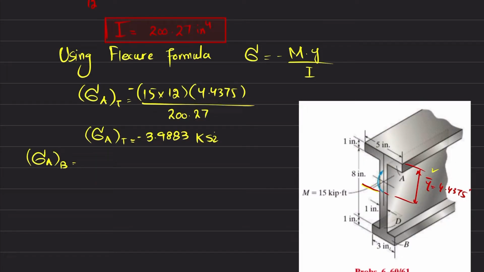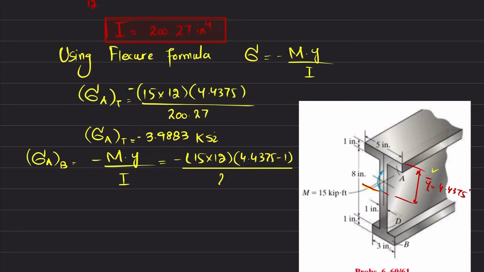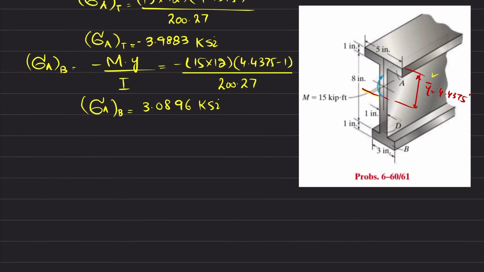So again minus M into y divided by I. So again minus 15 into 12 to convert kips into inch, and y is now 4.4375 minus 1, divided by this I, which is 200.27. So again when you calculate it, sigma A at the bottom will be equal to 3.0896 KSI.